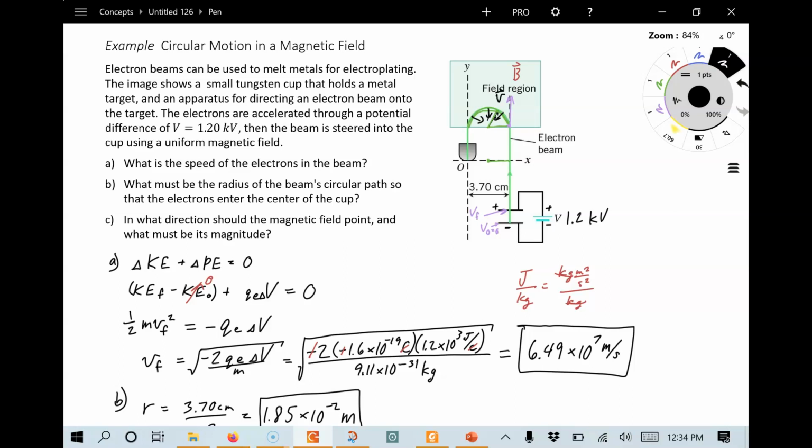And we also know that the force direction needs to be in this direction, right? But these are electrons, right? So we're going to go ahead and use the right-hand rule to see what direction B should be. And we're going to remember that the actual force for the electrons would be opposite what right-hand rule number 1 tells us. So let's bring in the right-hand rule and just check this.